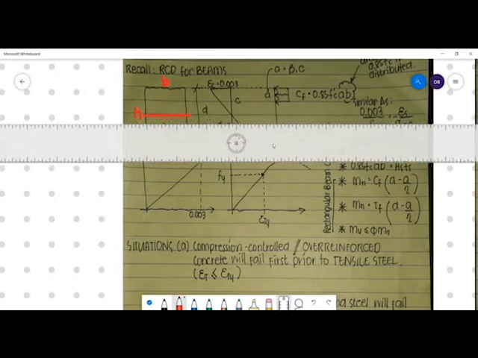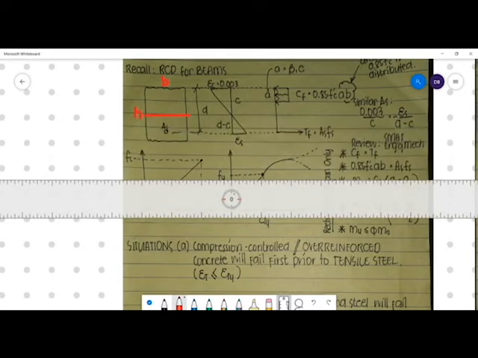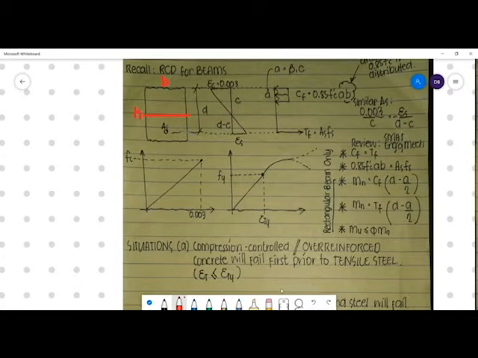Okay, above the neutral axis, the beam experiences compression, while below the neutral axis it experiences tension, due to the positive bending moment, or the one that causes upward bending, or the one making the beam smile. That is the concept that we've learned from your strength of materials.